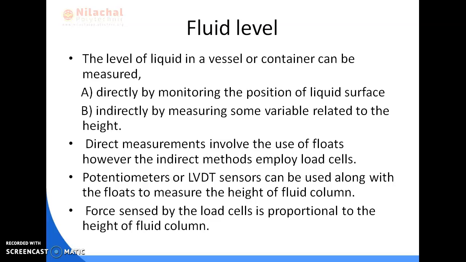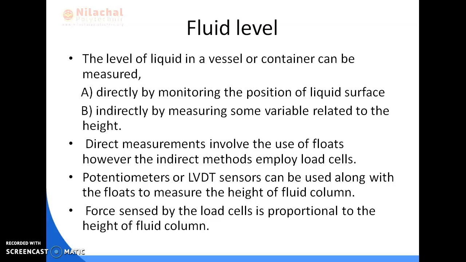For that, we have to measure the level of fluid indirectly, by measuring some quantity that is related to the height of the fluid. Which type of quantity is that? For example, the pressure of the fluid.